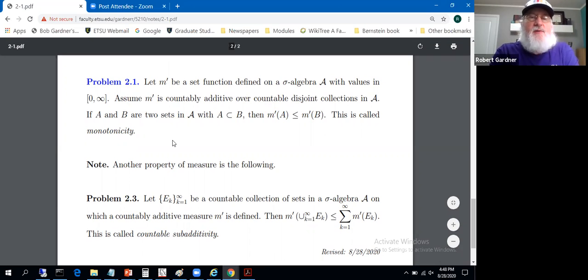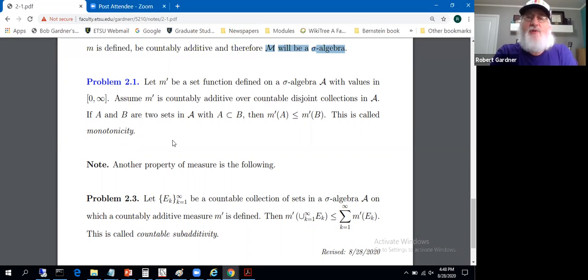The book gives exercises. Some are given as homework. This first one I want to do right here, right now. We're talking about a specific measure with specific properties. Problem 2.1 says, let M prime be a set function defined on a sigma algebra A with values in 0 to infinity.